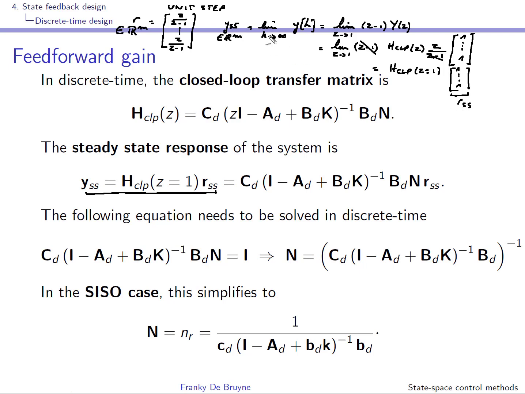Of course, if you use a unit step, in steady state what you have is a 1. What you expect here for the steady state output is, of course, also 1s. We expect the output to follow, so indeed this must be an identity matrix.